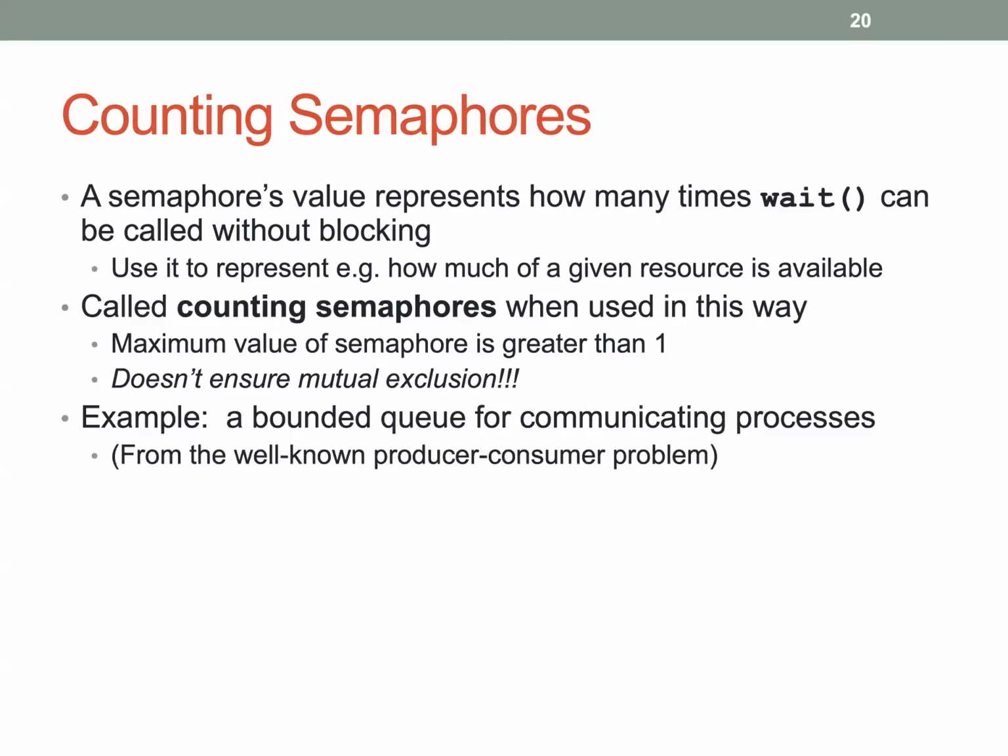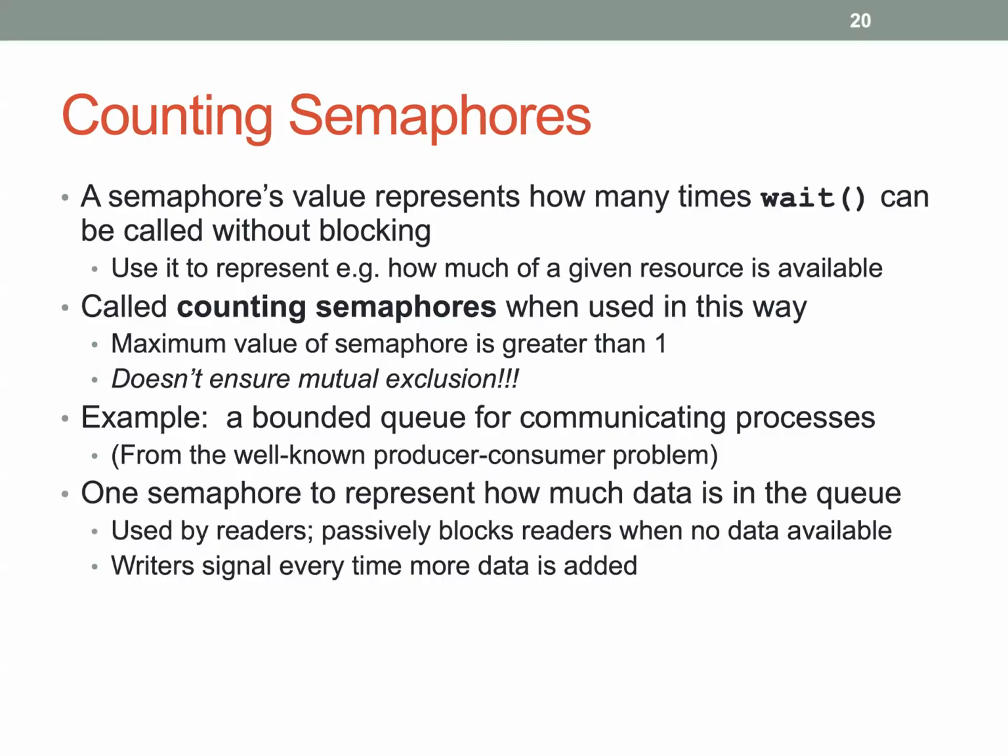And a bounded queue is a really great example of this. Let's say that we want the queue to be friendly to multiple threads requesting and publishing values. Well, what if we have 5 values in the queue? We want to make sure that requesters can request 5 values and then they passively wait. So we can use a counting semaphore to represent how much data is in the queue.